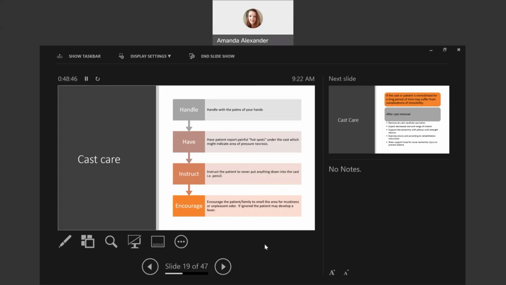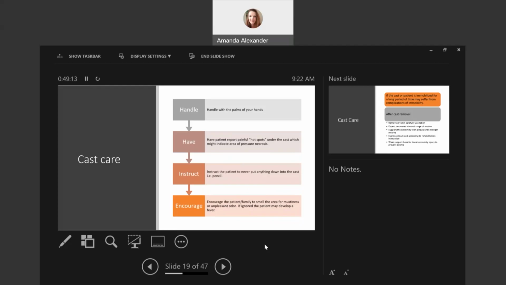A hair dryer can be used on the cool setting to dry a plaster cast. Heat cannot be used on a plaster cast because the cast heats up and burns the skin. So this one, I would be cautious with advising the patient to do that because most hair dryers don't have an actual cold setting.